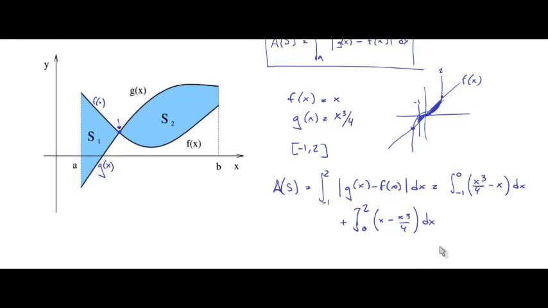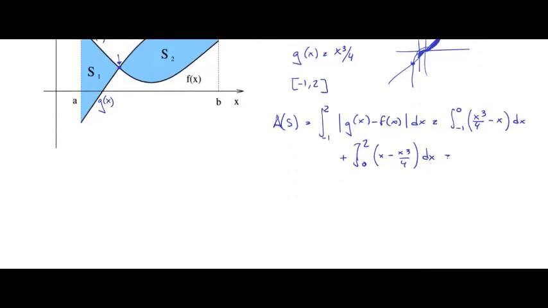The first gives x to the 4 over 16 minus x squared over 2 evaluated at 0 and minus 1, and the second gives x squared over 2 minus x to the 4 over 16, evaluated at 2 and 0.